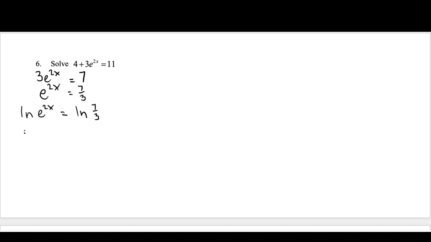So on the left, we just have 2x. On the right, we have ln 7/3. And then to solve for x, you divide both sides by 2, right? ln 7/3 divided by 2, which you can plug into a calculator, which gives you approximately 0.4236.